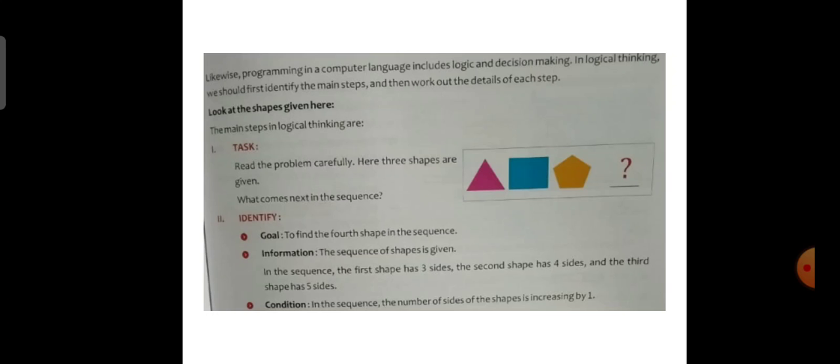Goal: to find the fourth shape in the sequence. This is our goal. Information: the sequence of shapes is given. The first shape has 3 sides, the second shape has 4 sides, and the third shape has 5 sides. Condition: in the sequence, the number of sides of the shapes is increasing by 1.